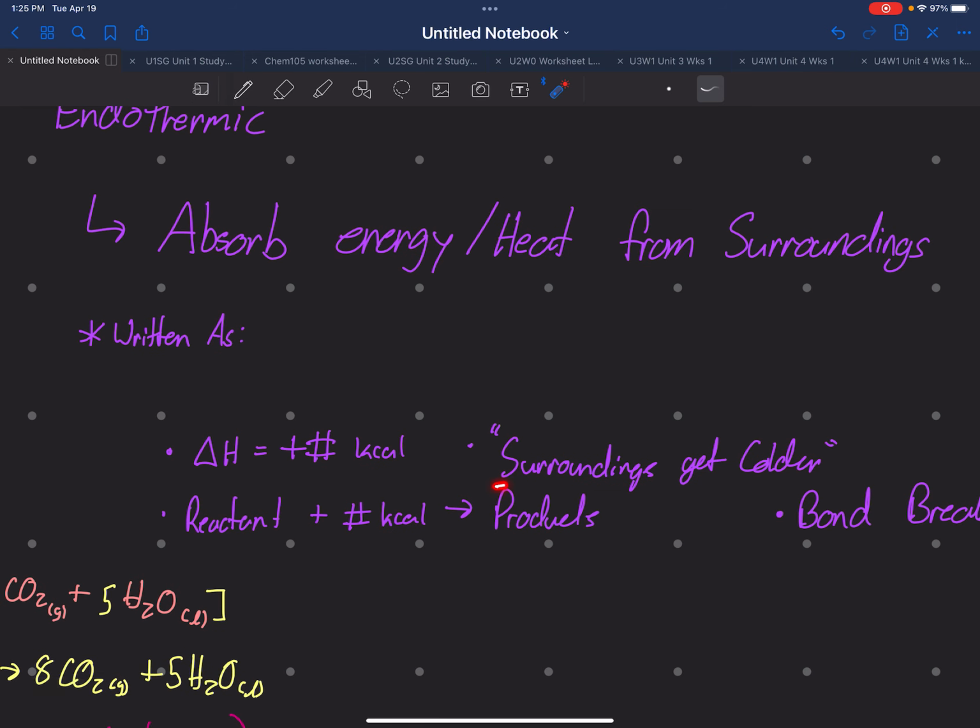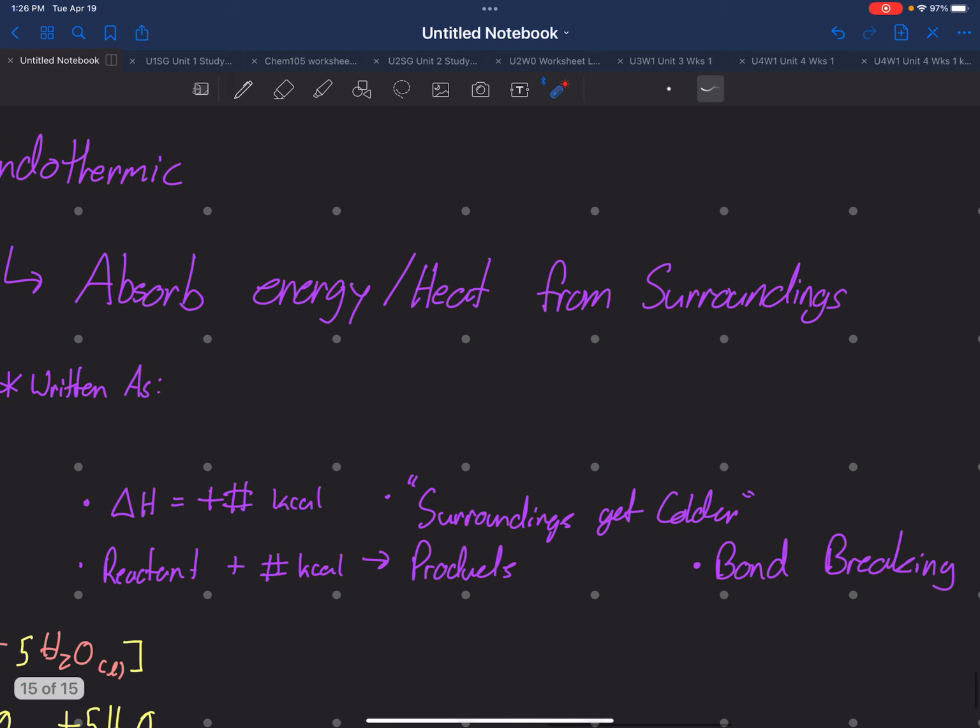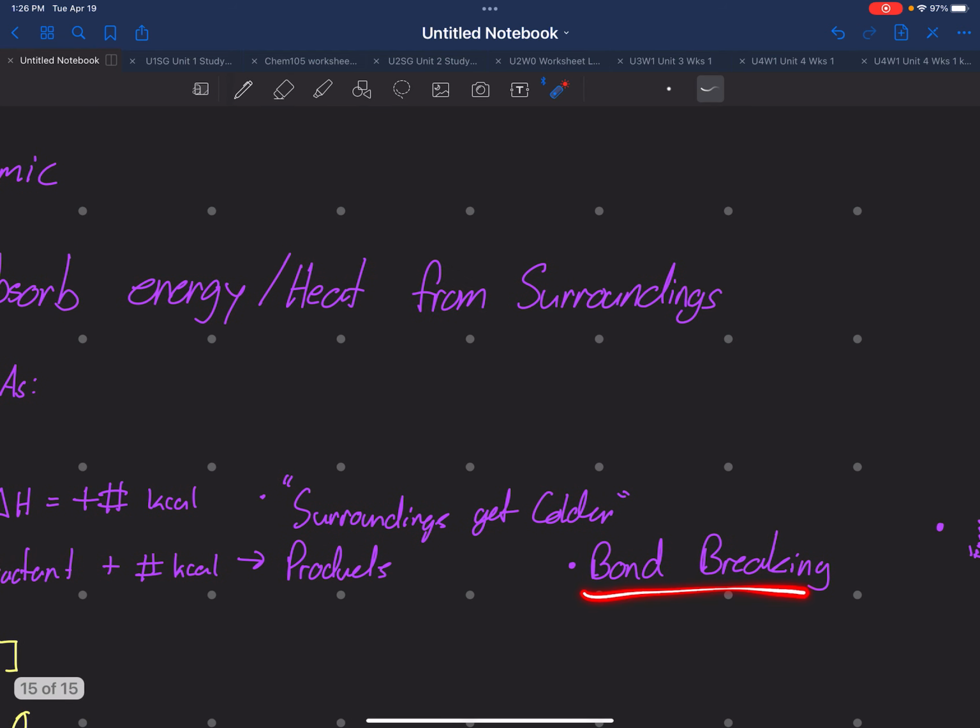Next way, surroundings get colder. So if it's like an ice pack or something, that would be endothermic. And then bond breaking. It takes energy to break a bond, right?